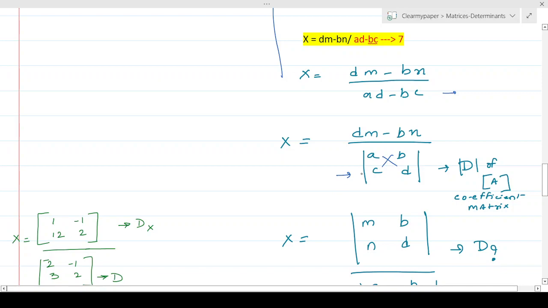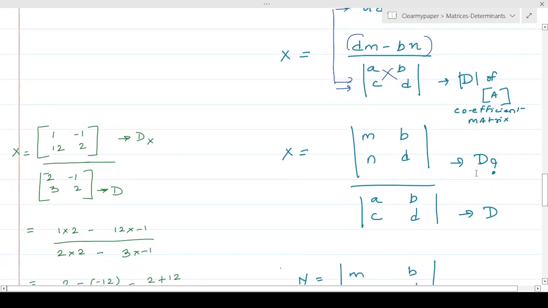So the interesting thing is, if I can switch between this notation in the denominator, which is AD minus BC, and take it to a determinant notation like this, why can't I do the same on the numerator? Because the numerator also has the same pattern where two elements are multiplied and then subtracted, right? So why can't I write that in a determinant format?